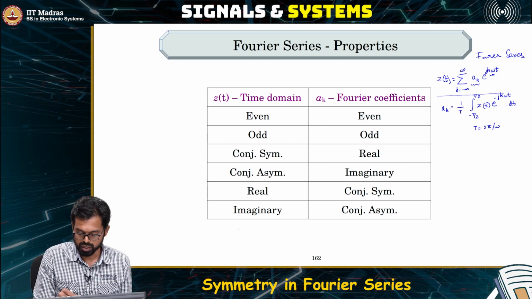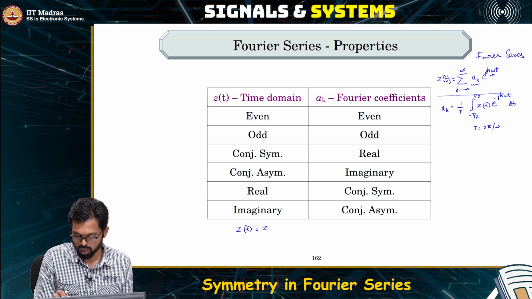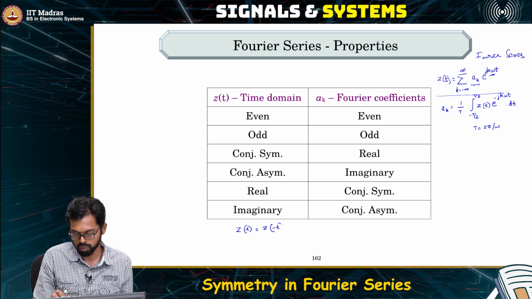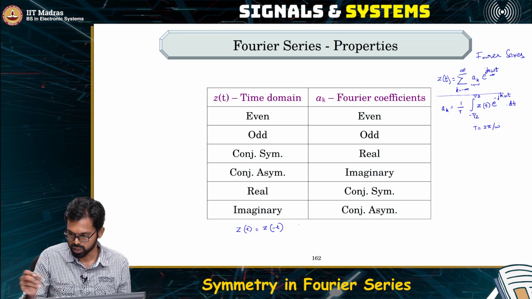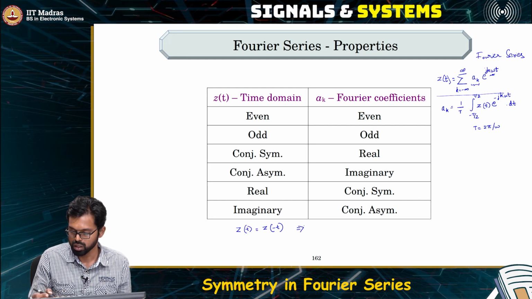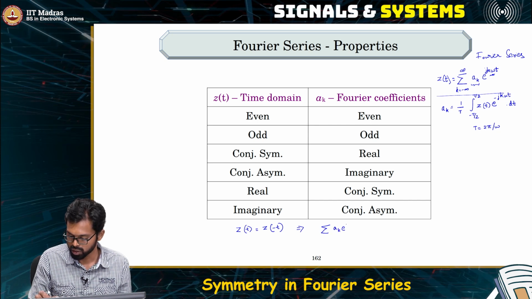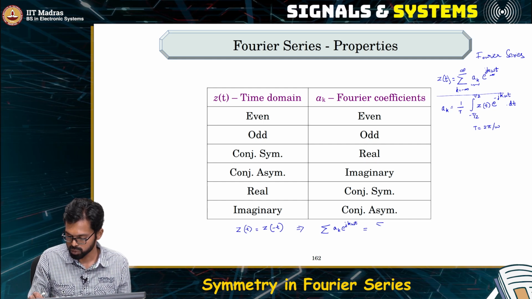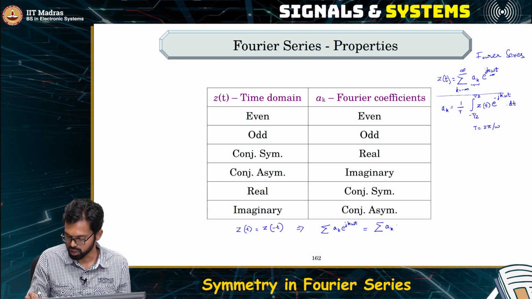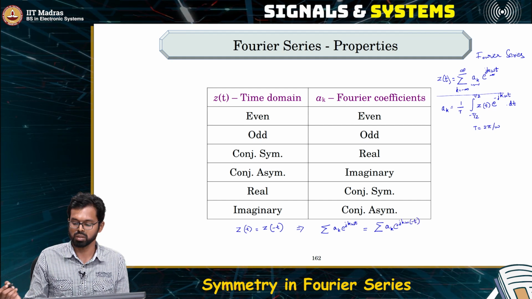So if x of t is even, we know that x of t is equal to x of minus t, which means from the Fourier series representation, the sum of a_k e power jk omega t is equal to the sum of a_k e power jk omega of minus t, right?